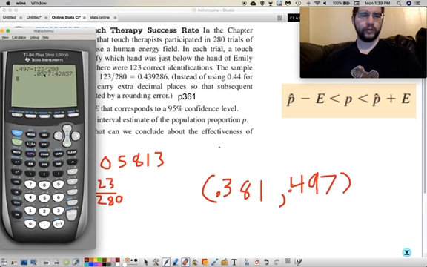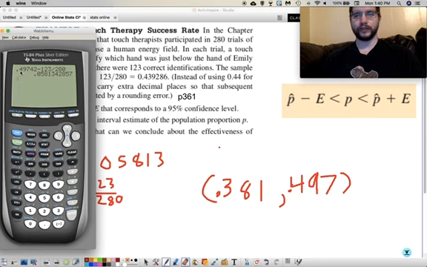Now, you see it's a little bit off here, that's because of the whole rounding thing. It would be better if we used 0.49742, like it gives us. And that should get us closer. There we go, 0.05813. So don't round until you absolutely have to.